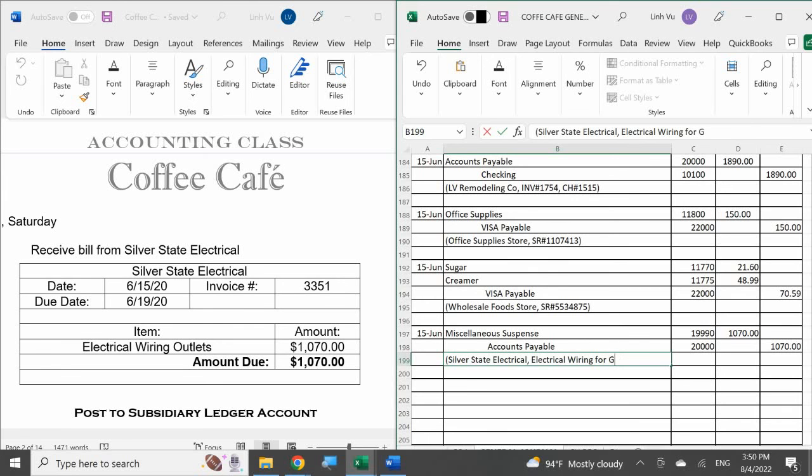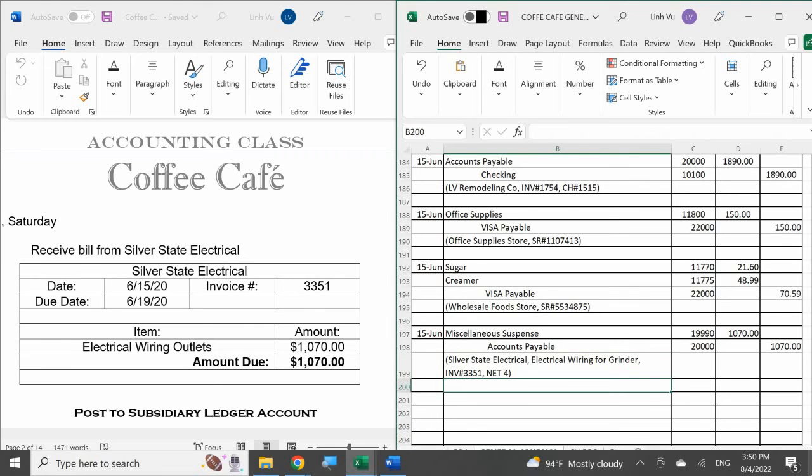I'm going to put in a little extra so you know that's for the grinder. And yeah, invoice number 3351 and net 4. All right, we have 4 days to make a payment for it. Good.